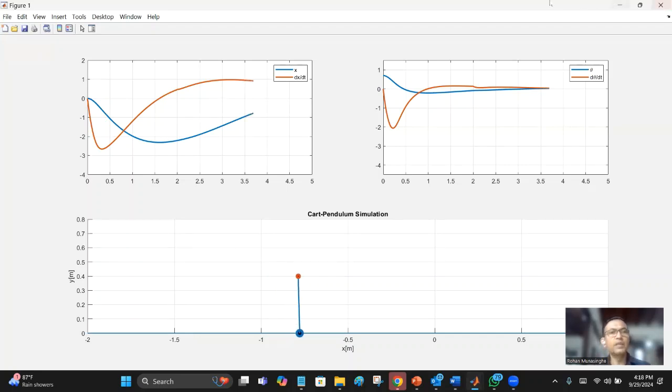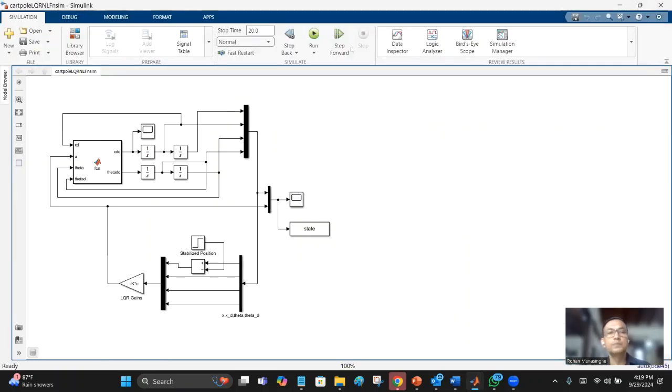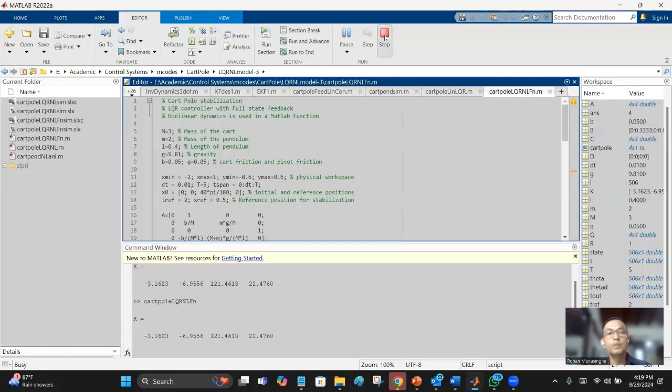But if you look at the graphs over here, they are swinging a bit too far now than they did with the linear model. Let me stop the simulation for a moment.